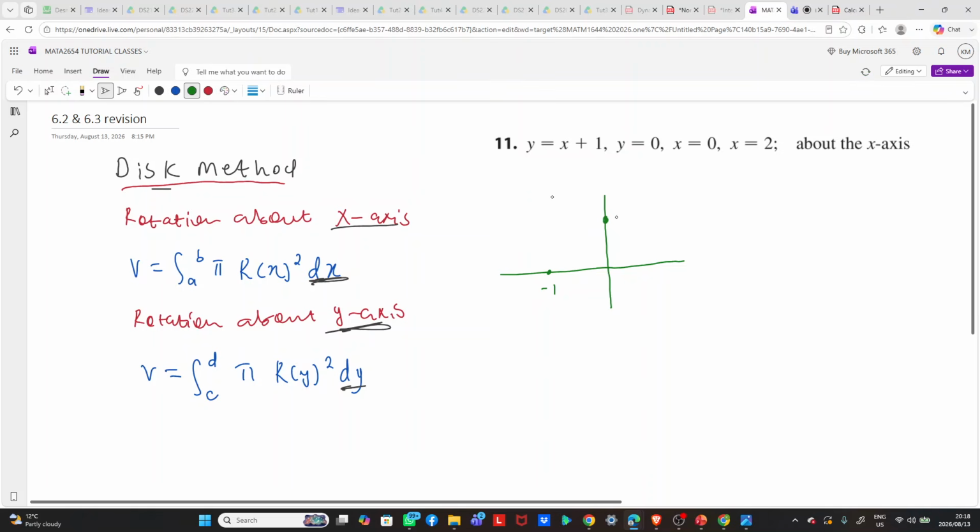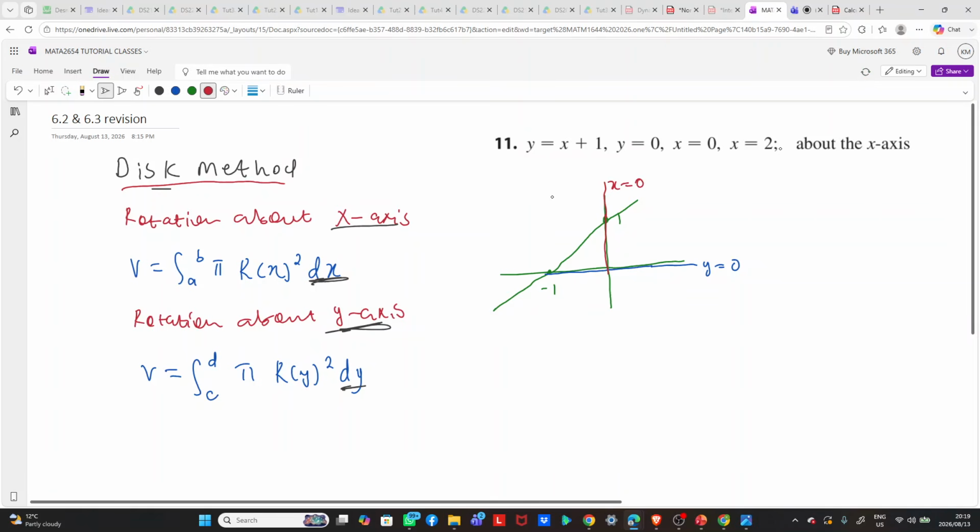Say here it's minus 1 and there it's 1. Then you draw a straight line like that. Then we need our line y equals 0. That line will be here. This is the line y equals 0. Then we also need the line x equals 0. That will be here. This is the line x equals 0.